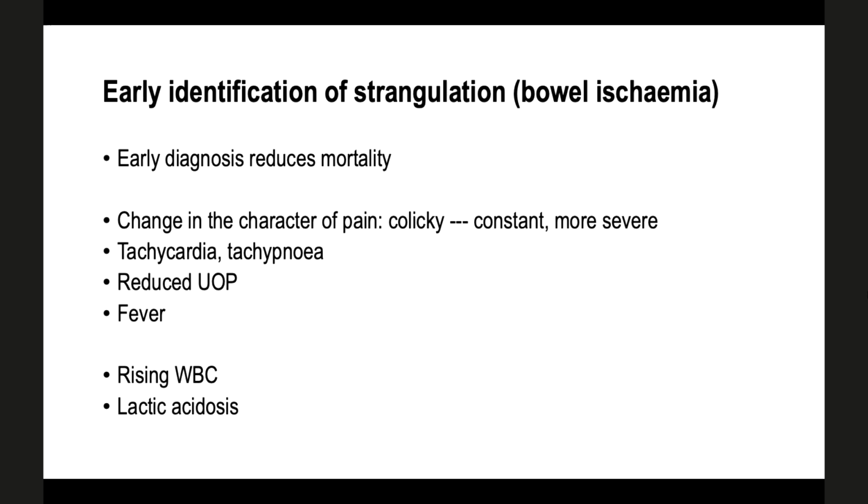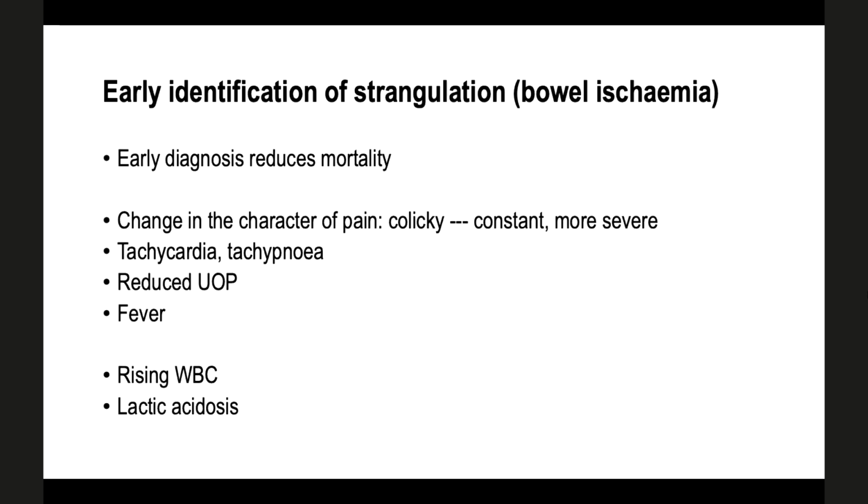We keep them, we observe them, we do various resuscitative measures. But things become urgent if we suspect that there is ischemia or impending ischemia or bowel gangrene. Because if you allow bowel to become ischemic, gangrenous, and perforation occurs, that causes significant morbidity and mortality in patients.